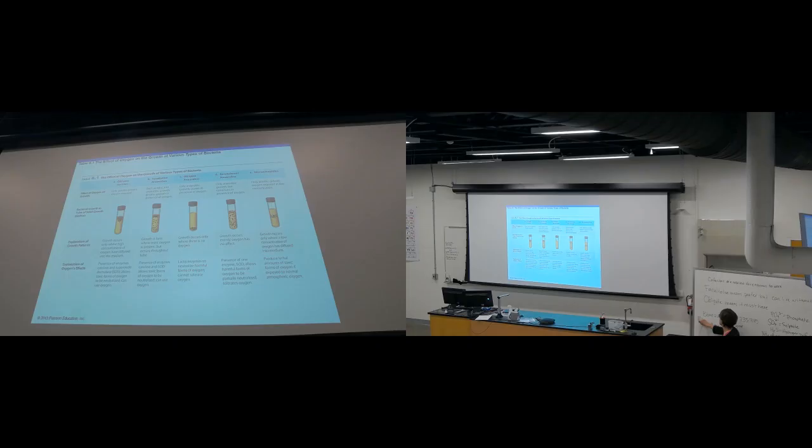Mycobacterium tuberculosis is an obligate aerobe. And there is more oxygen here in the apex, so the concentration of oxygen is greater here than here. And this is O2, sorry.